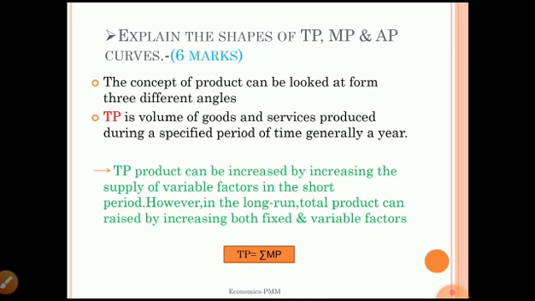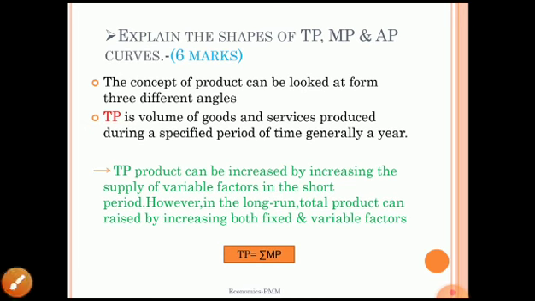This total product can be increased by increasing the supply of variable factors in the short period. These variable factors are nothing but inputs. If you increase the inputs, the output will increase. However, in the long run, total product can be raised by increasing both fixed and variable factors.